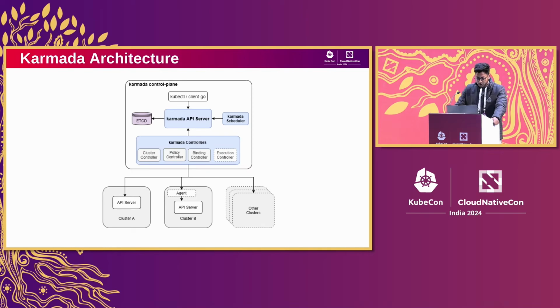The Karmada API server is built on top of the Kubernetes native APIs, so you can use kubectl, and kubectl will directly communicate with the Karmada API server. You can run commands like kubectl apply and provide a configuration file, or use kubectl get deployments to get your workloads, and you can provide a cluster flag to get resources from a specific cluster.